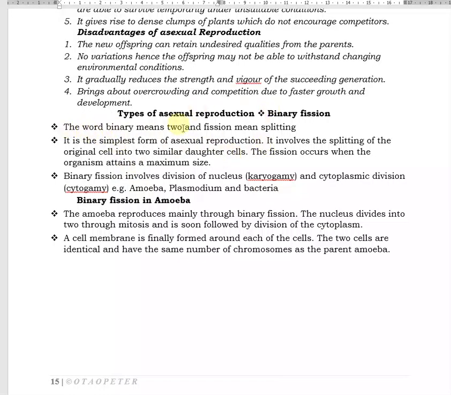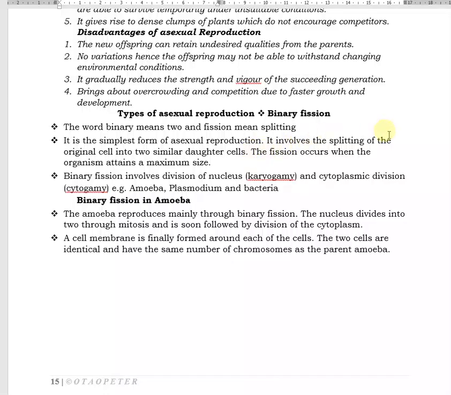The word binary means two and fission means splitting. Remember, binary means two. Then fission is different from fusion. Fusion with FU is different from FI. So fission is splitting.